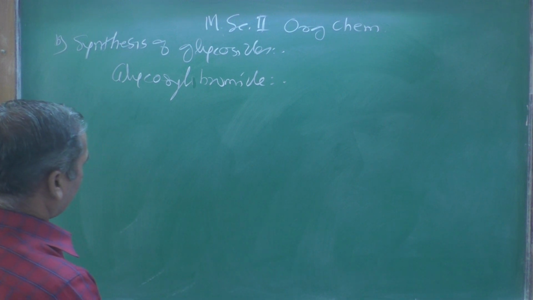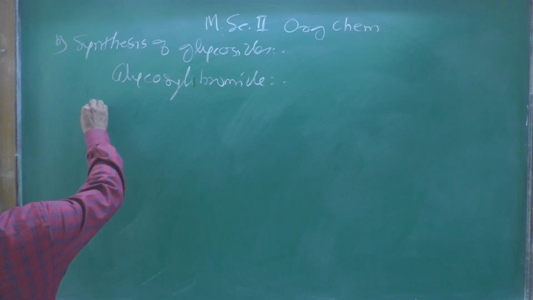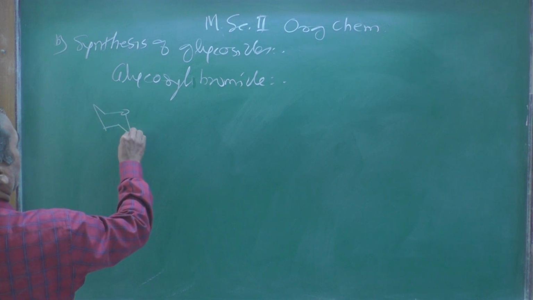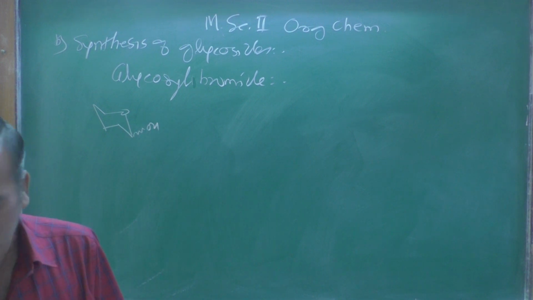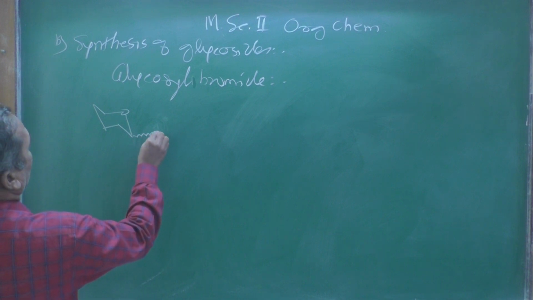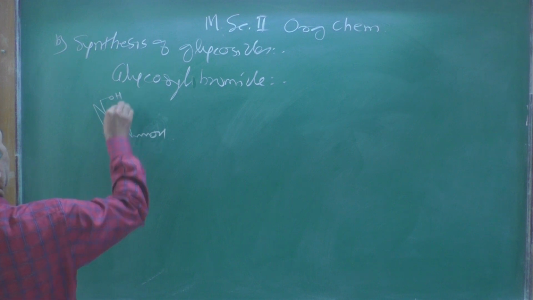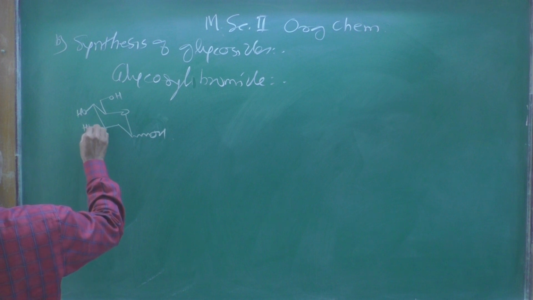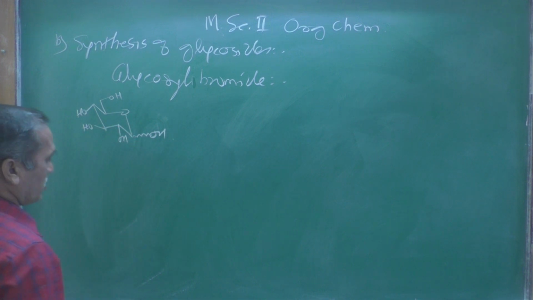And if you remember the structure, let us see here. I am representing one of the structures. This is an OH, not like this. Let me draw it like this: OH over here, another OH, and here a hydroxyl group, here also a hydroxyl group, and here an OH hydroxyl group.